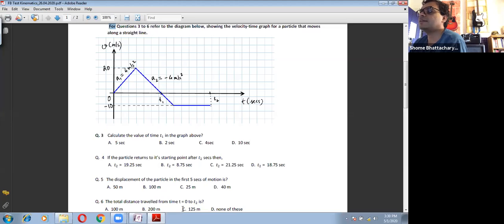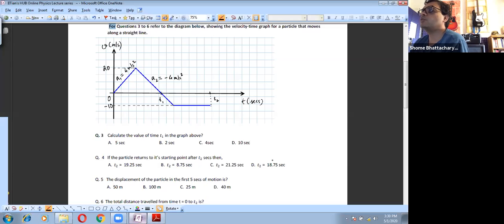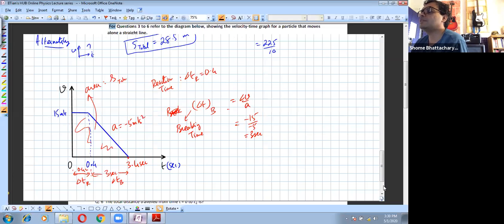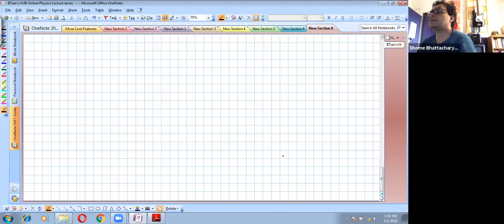So let's first analyze this question in terms of what it would look like on a one-dimensional line as the motion is happening. Then we'll come to this.